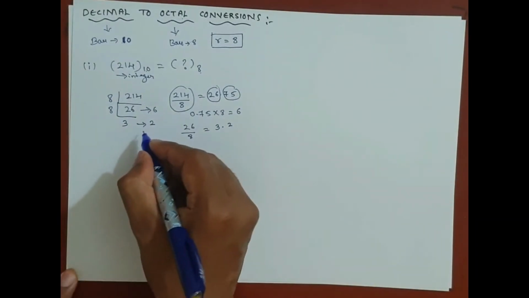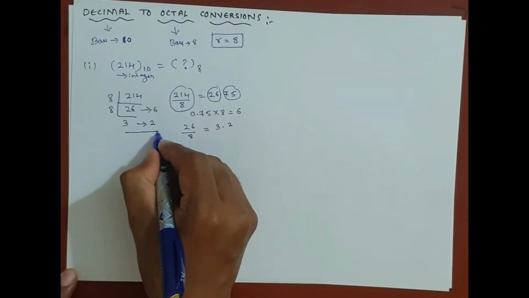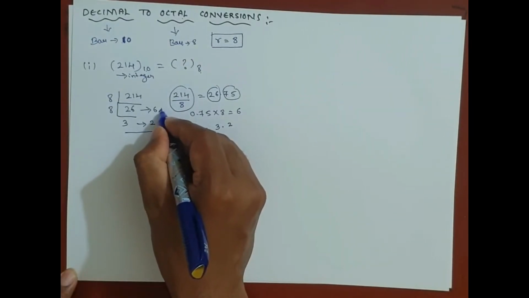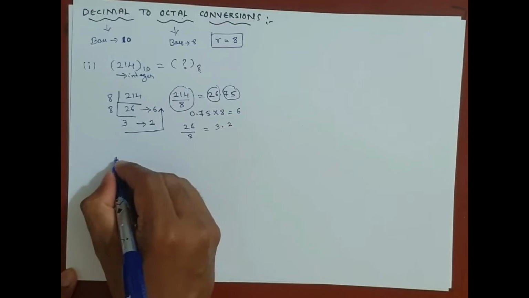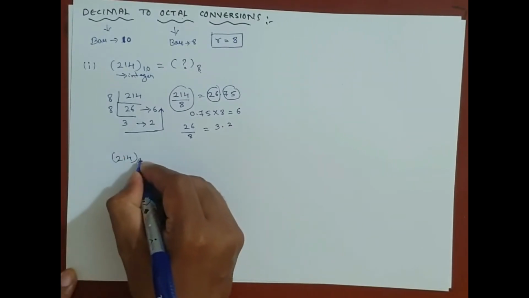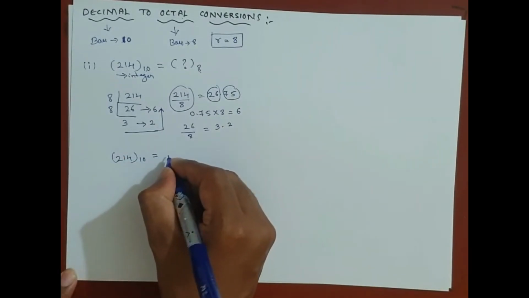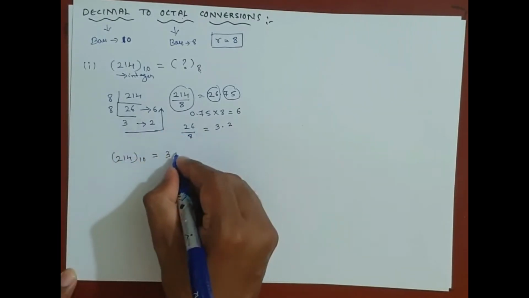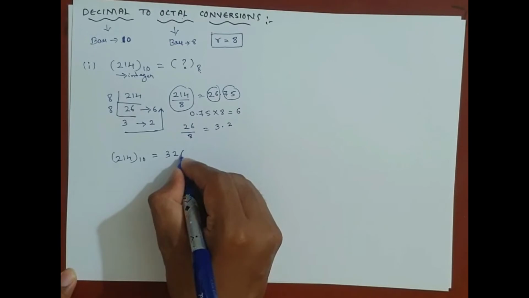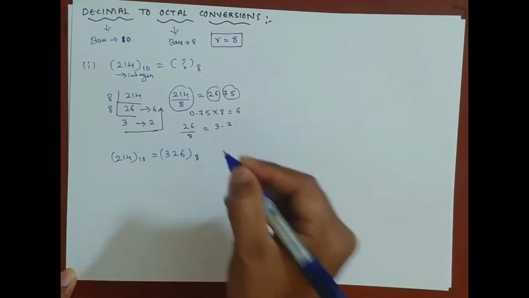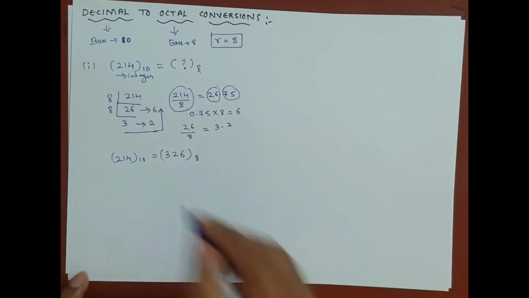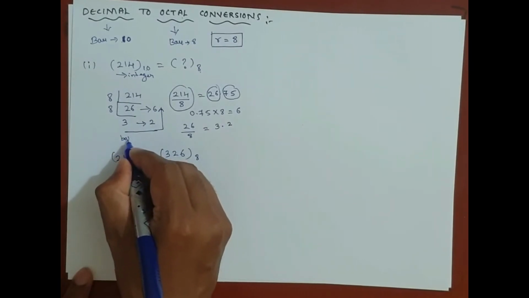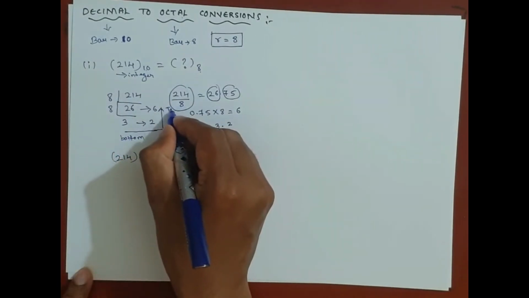For the final answer, we have to read from bottom to top. That is 214 to the base of 10 will be equal to 3, then 2, then 6 in octal. Have to read from bottom to top.